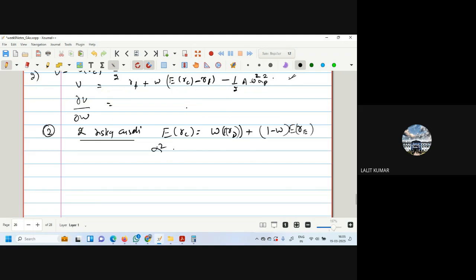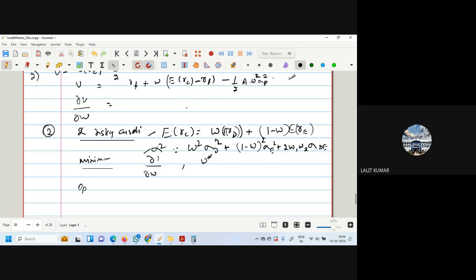And sigma square is equal to W square into sigma D square plus (1 minus W) square sigma E square plus 2 W1 W2 and covariance of D and E. Okay. And from here, they will ask you either minimum variance. So for minimum variance, you do the derivative of this with respect to W to find the W star.